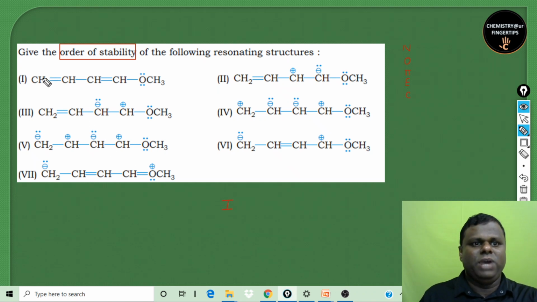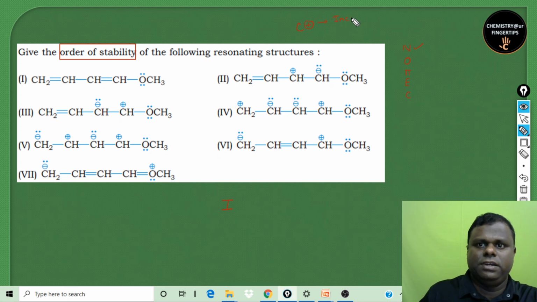Okay, now you have one, this is done, right? And then the next one is going to be neutral, this is sorted out, right? Then you have complete octet. We already know that carbocations, that is, carbon with positive charge, are incomplete octet, right? So they are basically incomplete octet.